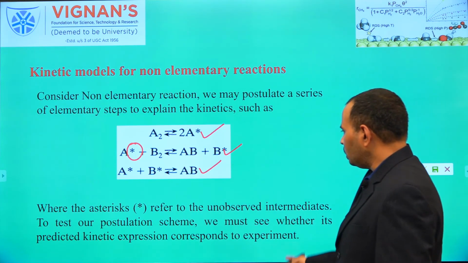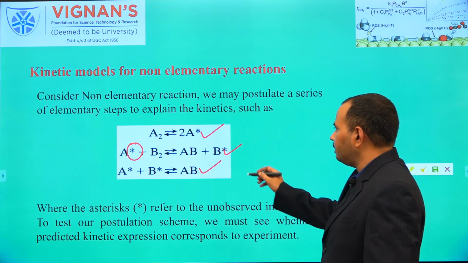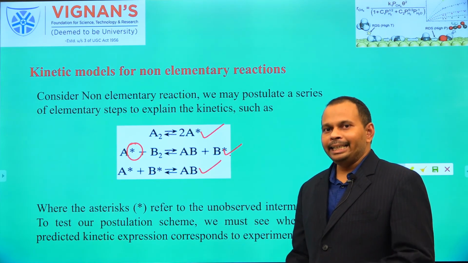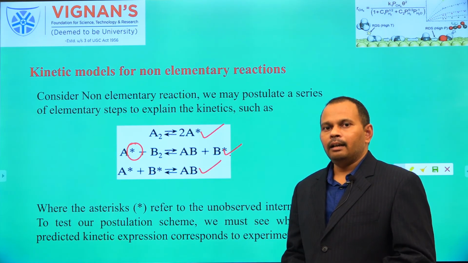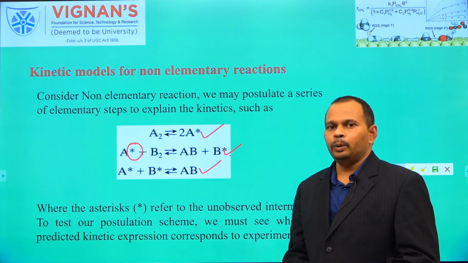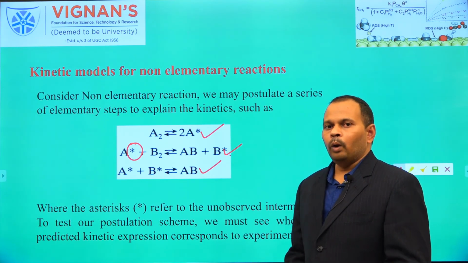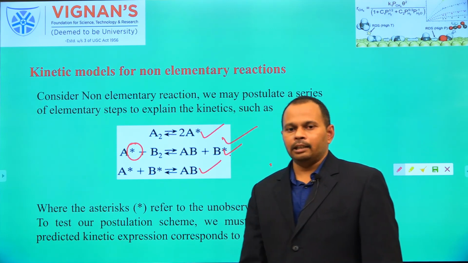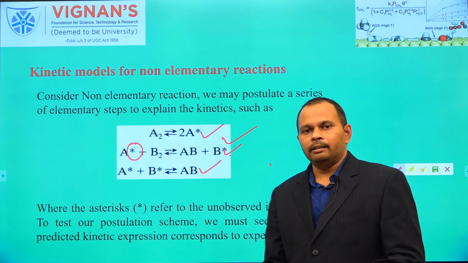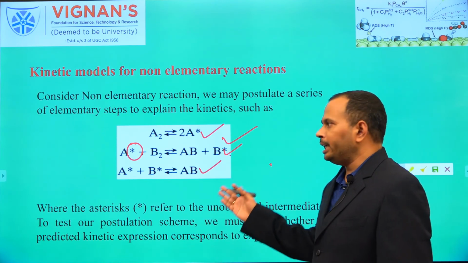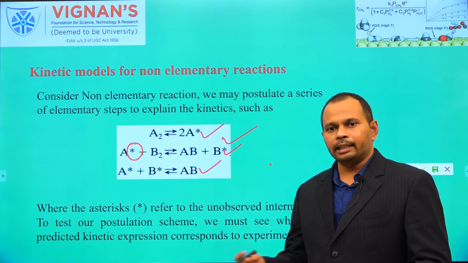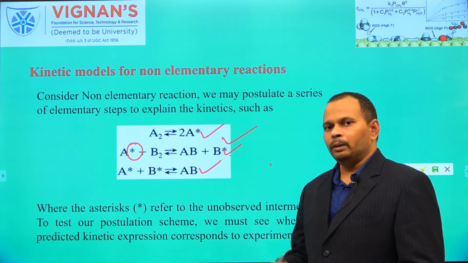These are highly unstable molecules. So, to test our scheme, whatever reaction mechanism is proposed, we need to test it by writing the individual rate equations and combining all the rate equations after doing certain mathematical manipulation. Whatever rate equation we get based on the postulated reaction mechanism, if we compare it with the experimental rate, and both are the same, our assumed reaction mechanism is correct. If both are not the same, again we need to assume some other reaction mechanism and test it.